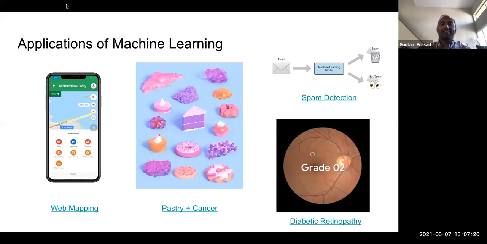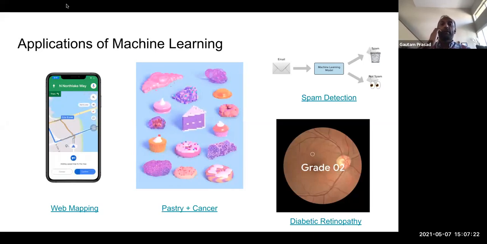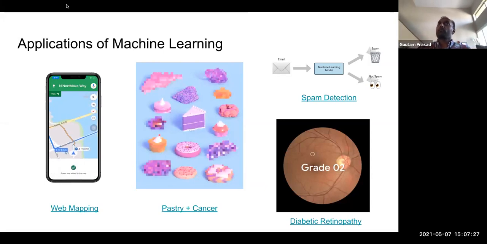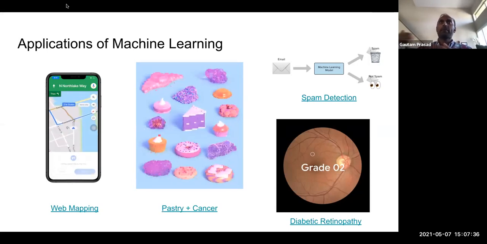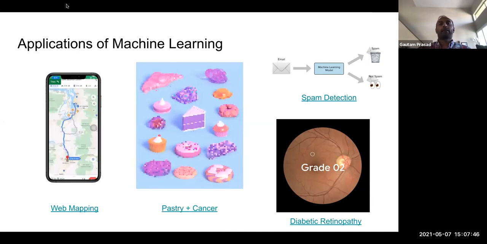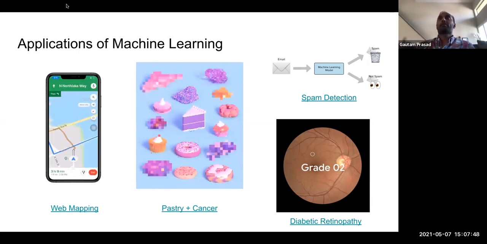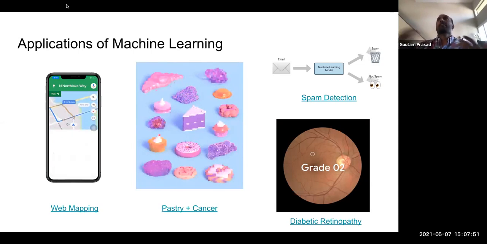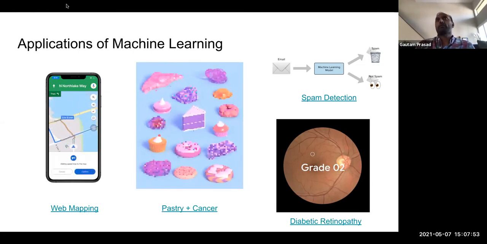Another really common use of machine learning is spam detection. One way you could try to filter out spam in your email is to come up with big lists. So whenever an email is sent from a specific type of email address, we say it's spam, or maybe if it has a few different keywords, it could be spam. But at some point, having humans write down all these rules would become untenable because anytime someone comes up with a new type of spam email, a human would need to look at it and understand what's going on.